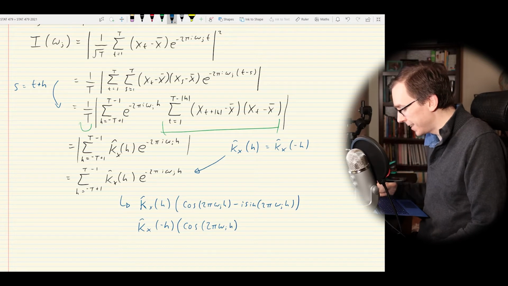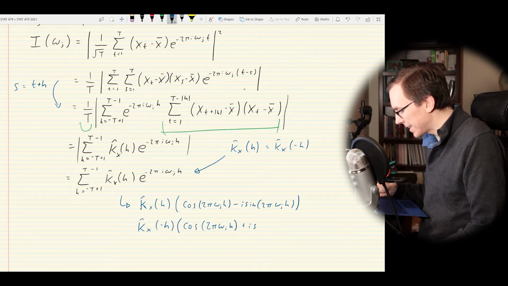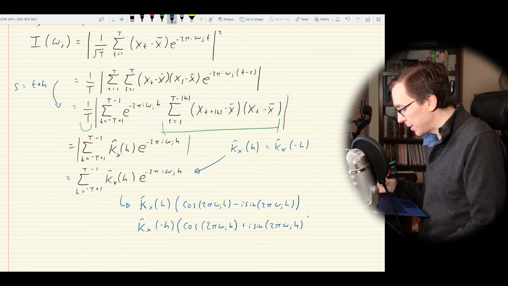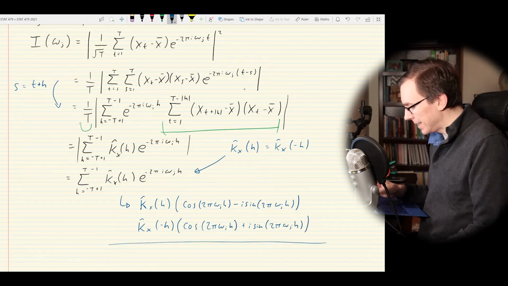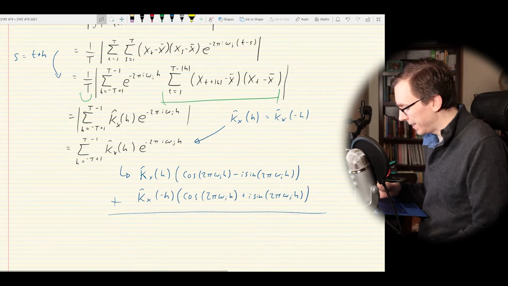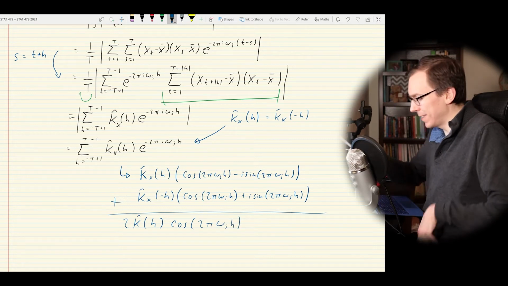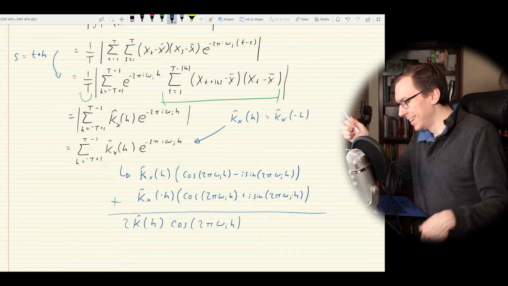Now sine is odd, so I get a plus i sine 2 pi omega j h. And what's neat is that when I add these together, what I end up with is just the autocovariance times 2 at lag h times the cosine. So it turns out that we're actually just doing a cosine transform because all of the sine pieces cancel out.